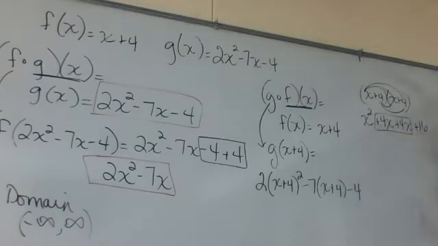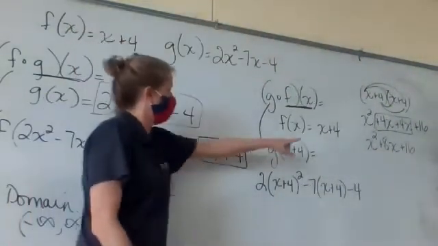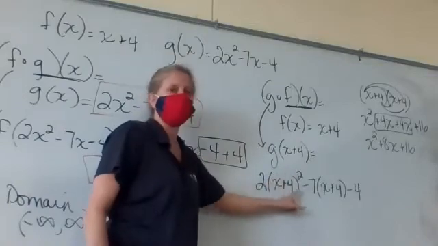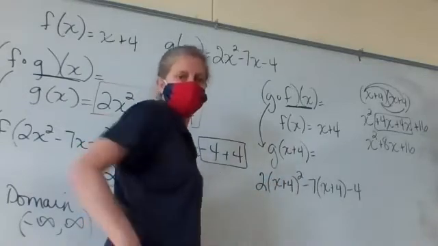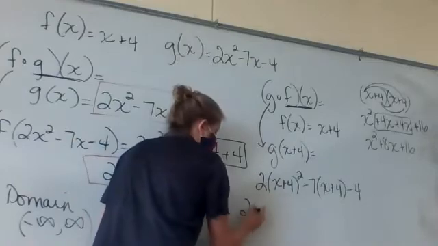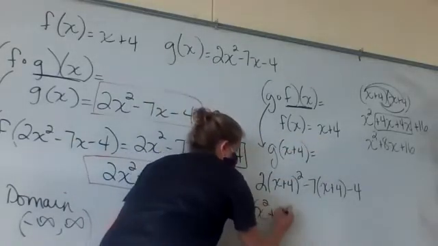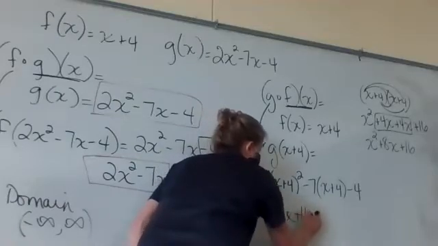Put your x's in the middle together, so that turns into x squared plus 8x plus 16. So where do I need to put x squared plus 8x plus 16? That's what x plus 4 squared was. So I have 2 times x squared plus 8x plus 16.